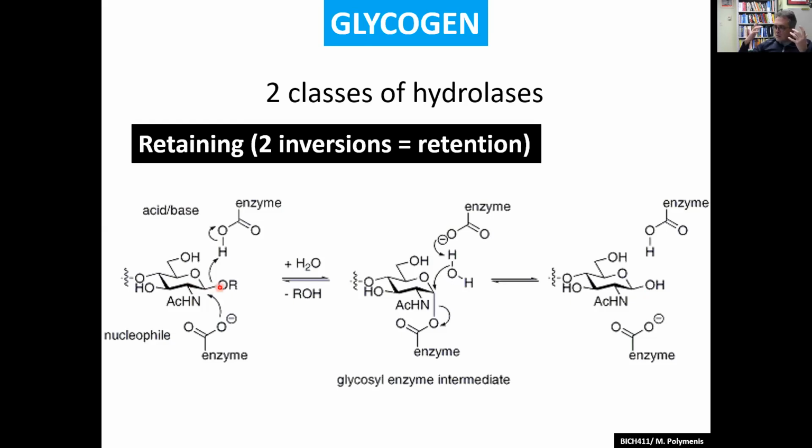Again, thinking about these things is important. If you are to use the sugar in some enzymatic reaction that depends on the anomeric configuration, then you may want to do a retaining mechanism.